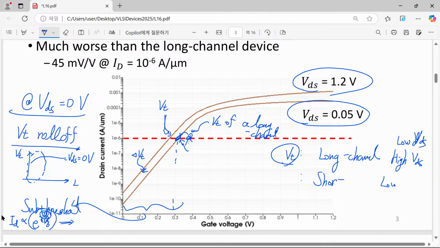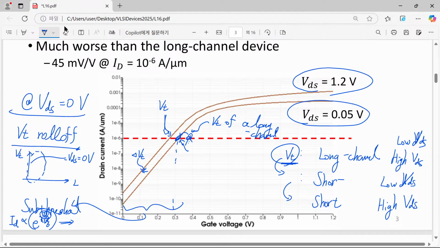If VDS is quite low, then we will have a certain threshold voltage lower than this long channel value. And for the same short channel device, if we increase the drain voltage even further, then we will have even further reduction of threshold voltage.